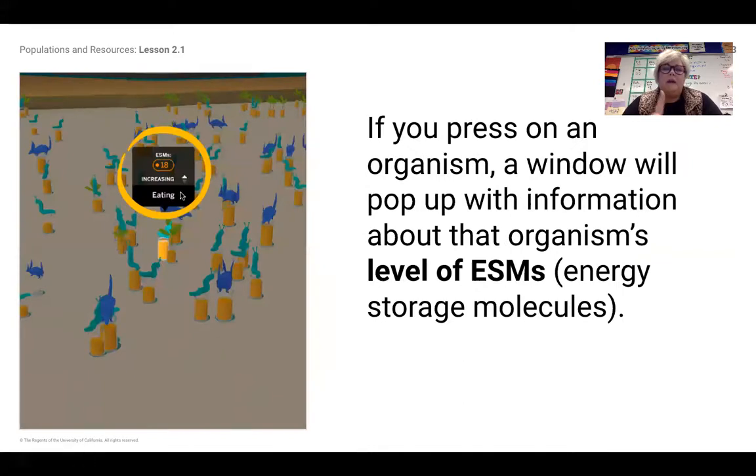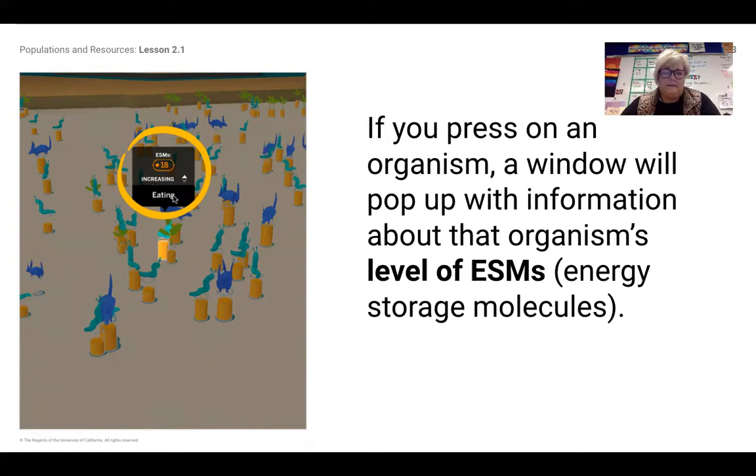If you can, press on an organism now. A window will pop up with information about the organism's level of ESMs. There's a number in orange that will be increasing or decreasing, and that coincides with where it says increasing or decreasing.